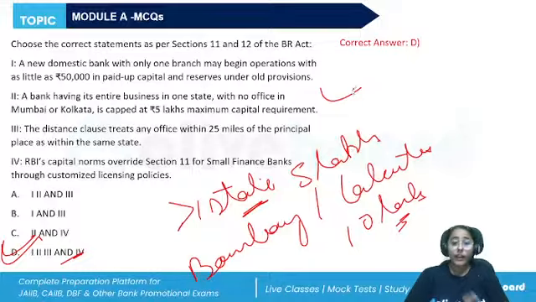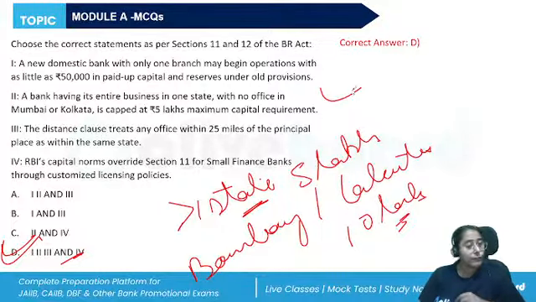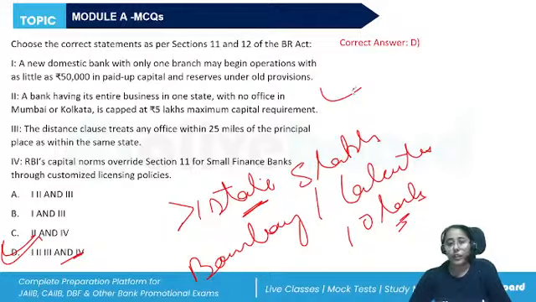And this 50,000 rupees clause means that no banking company to which this additional place of business clause is applied will be required to have paid up capital and reserves exceeding an aggregate of 50,000 rupees. So the first statement will also be true.